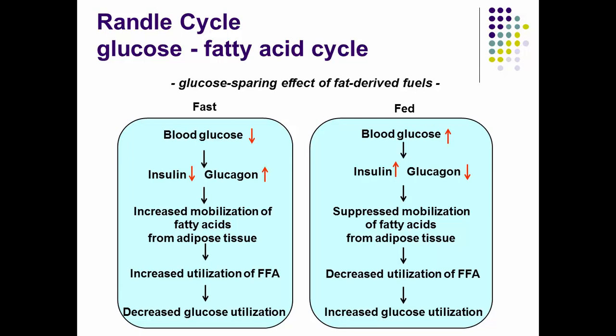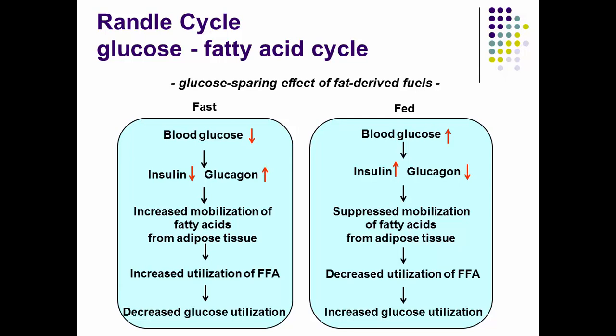This is a simple mechanism for why in the fed condition our body utilizes more glucose and fewer fatty acids. The simple reason is the hormone change, which regulates the availability of fatty acids. So you have fewer fatty acids released from the adipose tissue, and that will lead you to utilize more glucose for energy.